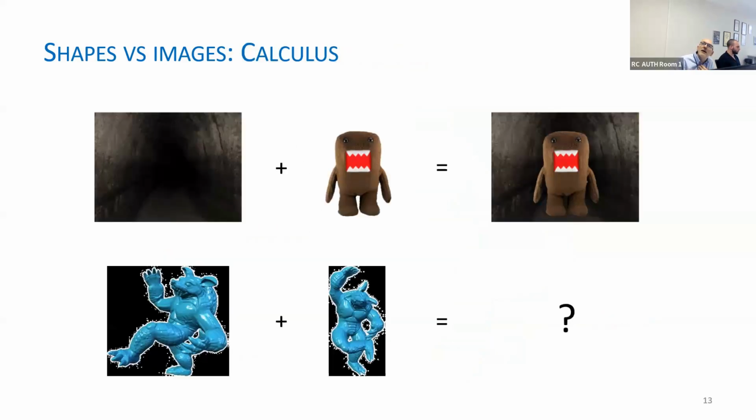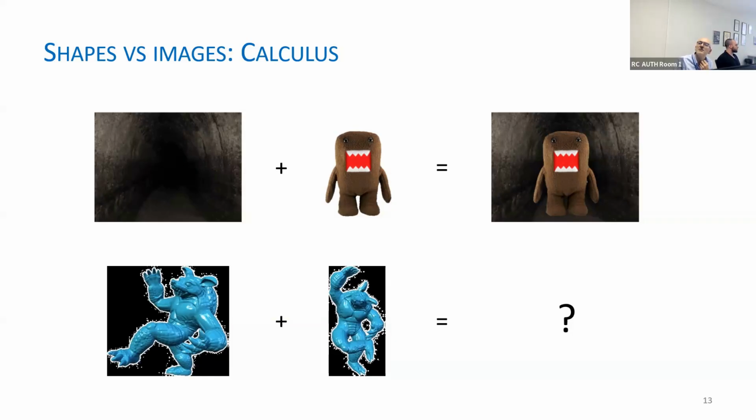And as an additional difference, you see here the calculus. For example, for images, you can add together two images, so you can compose two images and obtain a different image.